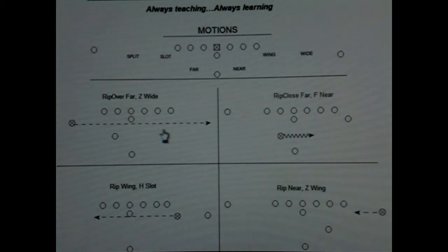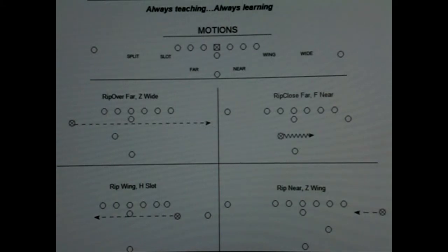Same thing here. This is the same as a rip far. Right? This is a rip far. If this Z started out here, that would be a rip. He'd be in a far. Instead, we're going to go rip over, and then we're going to bring him back in motion.